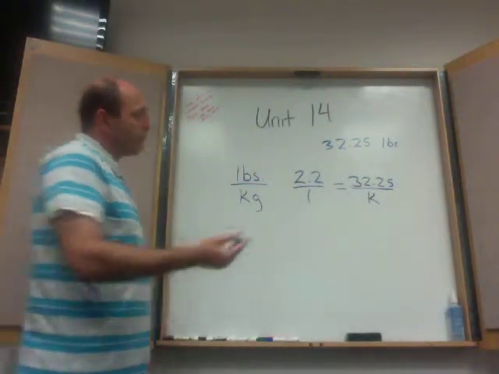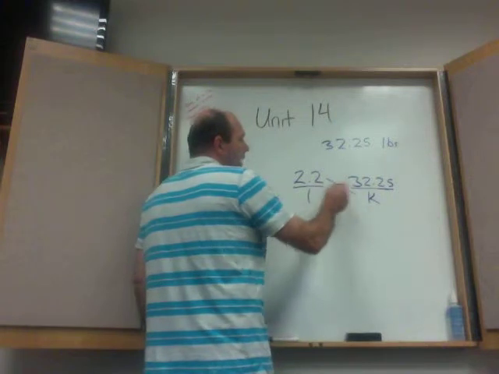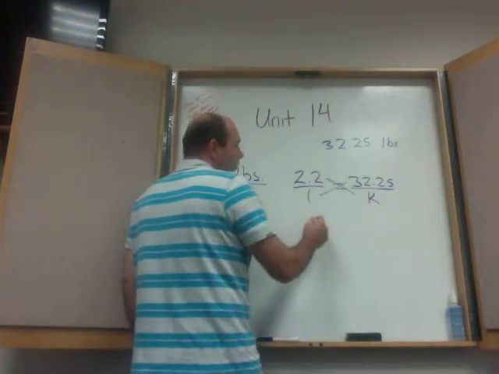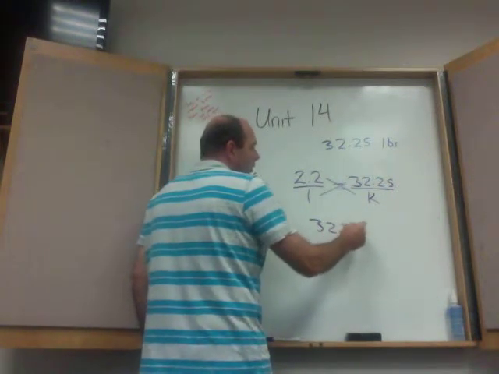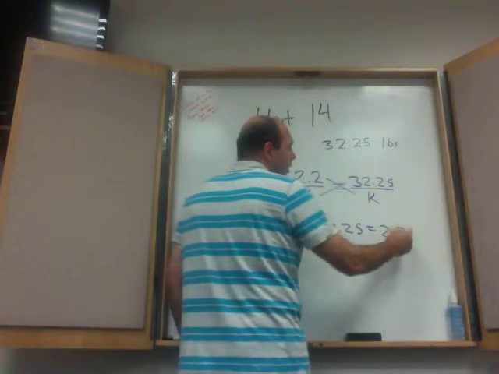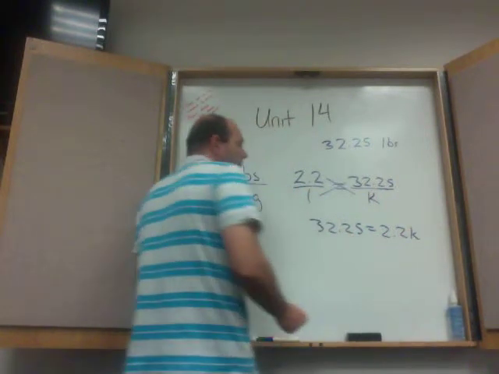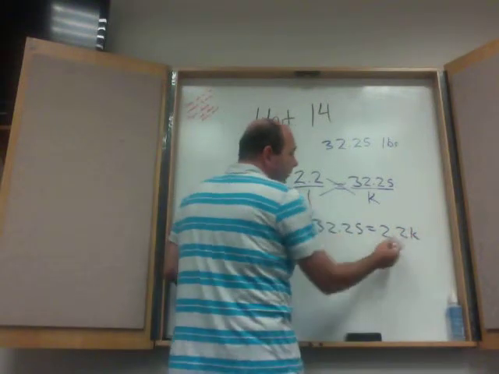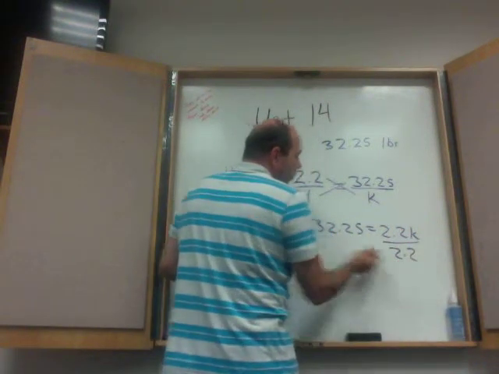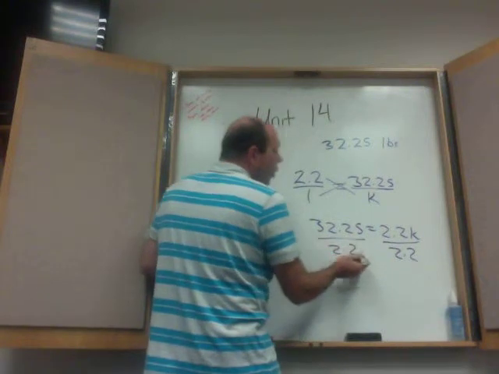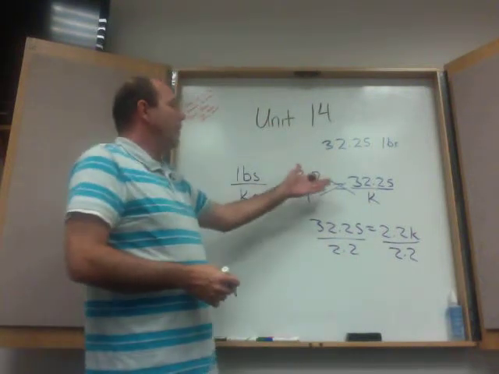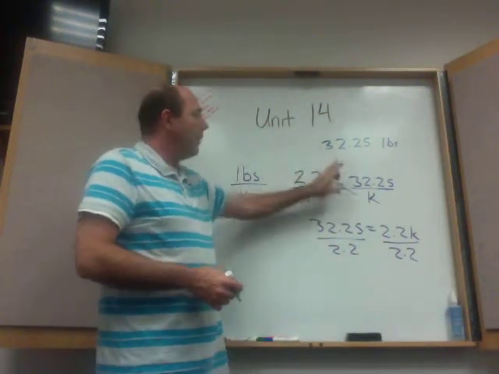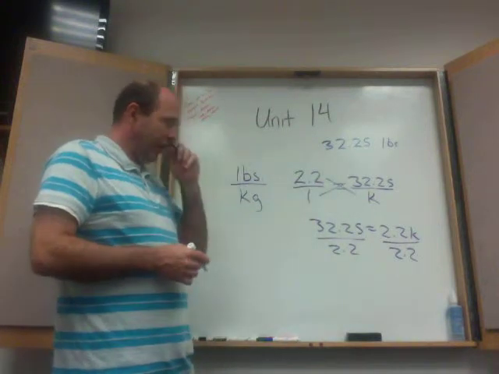Okay? Then you just cross multiply. 1 times 32 and a quarter is just 32 and a quarter, which is equal to 2 and 2/10 K. At this point, to figure out how many kilograms, you divide both sides by 2.2. Remember, if you knew the kilograms but needed to find the pounds, you'd still use this exact same process.